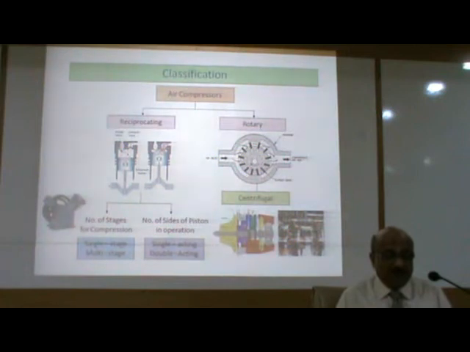Reciprocating compressors are again subdivided on the basis of number of stages for compression, that is single stage or multi-stage, and number of sides of pistons in operation, that is single acting or double acting. Similarly, rotary compressors may be subdivided into centrifugal compressors, screw compressors, etc.